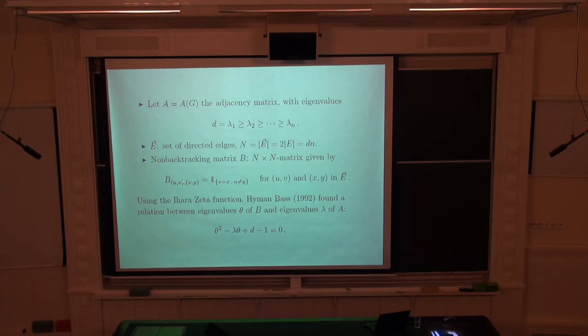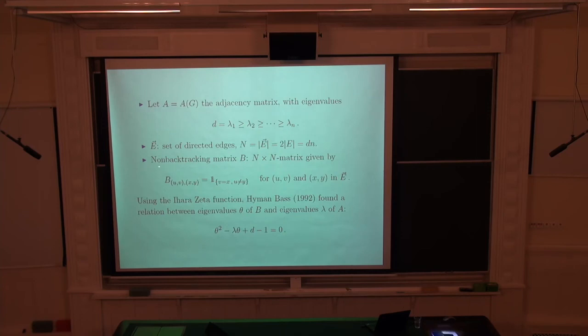So B for two directed edges (x,y) and (u,v) is 1 if v equals x, so one edge follows the other, but u must not equal y. The edges cannot reverse. So this is the relevant adjacency matrix. To get the real Markov chain, we just have to normalize this matrix by a factor d minus 1, because this is a dn by dn matrix with row sums of d minus 1. So you normalize by d minus 1, you get a stochastic matrix.